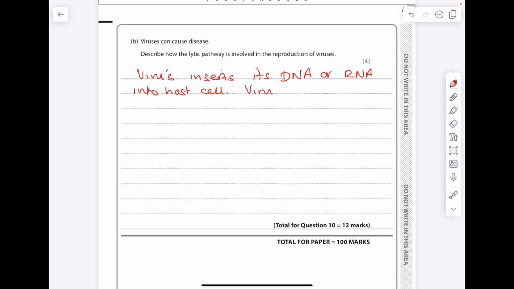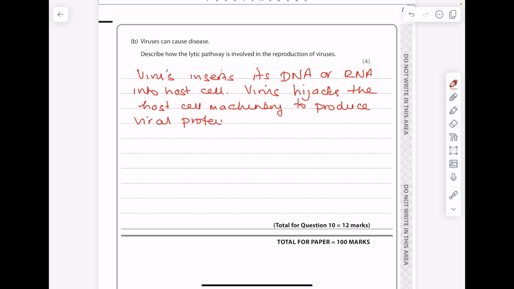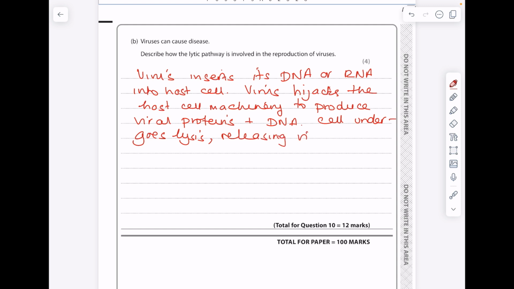The virus hijacks the host cell machinery to produce viral proteins, DNA and RNA. And then key is that the cell undergoes lysis, releasing virus particles.